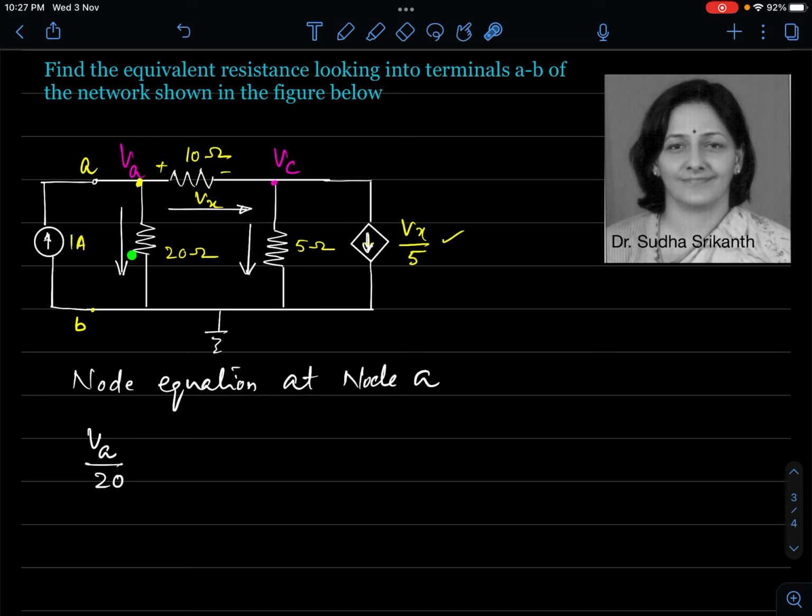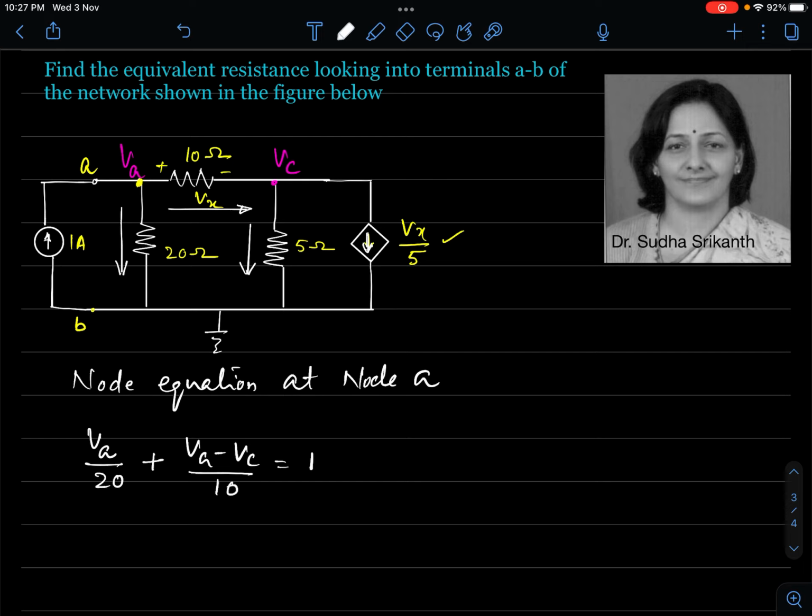This is the current that is leaving the node. This again is a current that leaves the node. What is the potential difference? VA minus VC divided by 10 is this current. All right, this is leaving. 1 ampere is entering. So we will have that logic. This is plus VA minus VC divided by 10. Both are the currents leaving the node A. This should be equal to 1 ampere, which is entering the node.